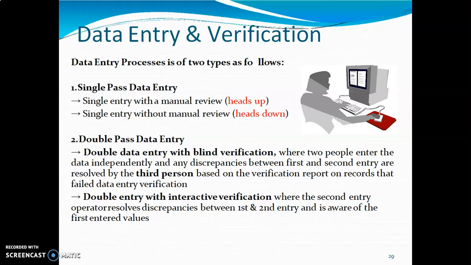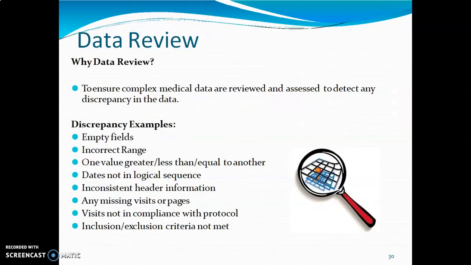Other than that, double entry with interactive verification, where the second entry operator resolves discrepancies between the first and second entry and is aware of the first entry values. So this is how, by discussion, it will be clarified. This is called double entry with interactive verification.